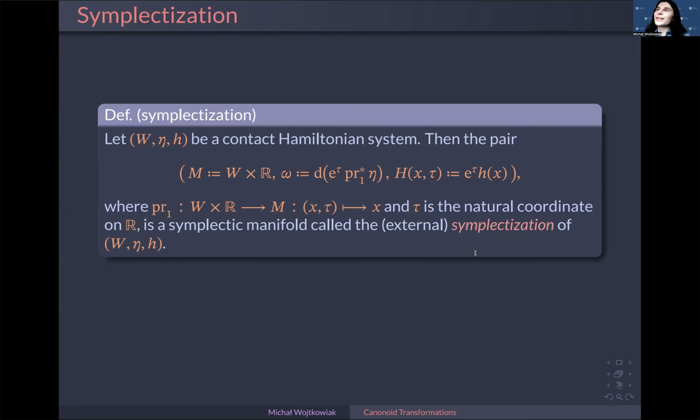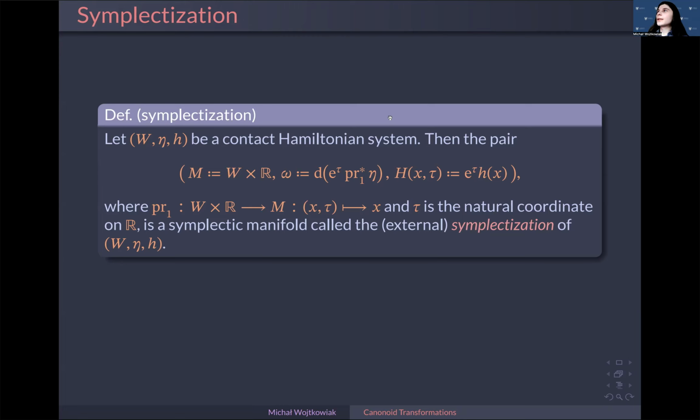We define it in such a way that we just take the product of the contact manifold, and then we impose a symplectic form of this form. So we take the pullback by the projection onto the first component, onto the contact manifold, of the contact form, and we multiply by some factor e to the tau, where tau is the natural coordinate on that real axis.